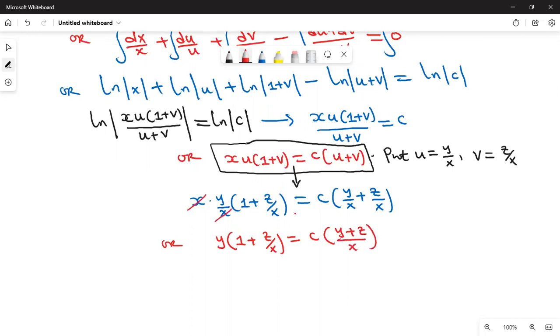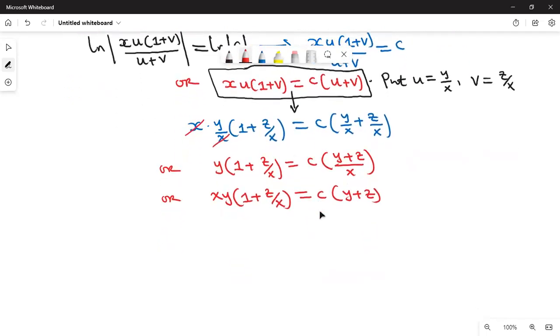If I multiply both sides by x, I'm going to get this, xy into 1 plus z over x is equals to c into y plus z. The left-hand side, you can take x inside, y outside, take that x inside, we'll have x plus z being equal to c y plus z.